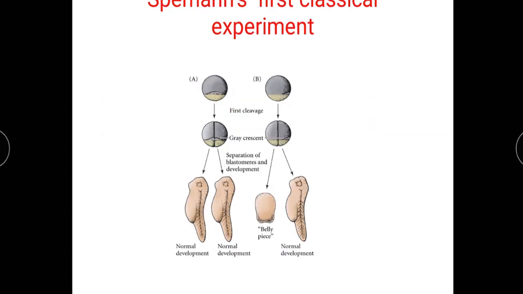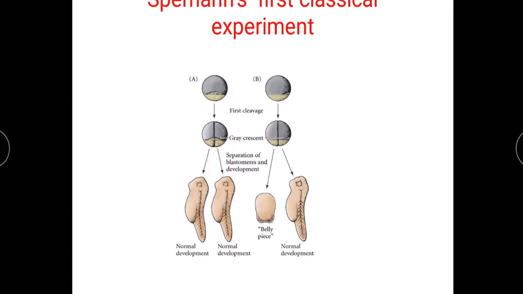So whatever we just observed is this: when he took the newt egg and constricted it from here, two organisms formed.